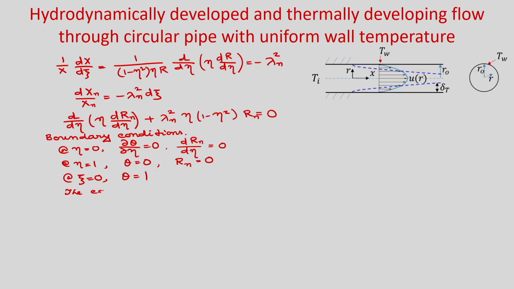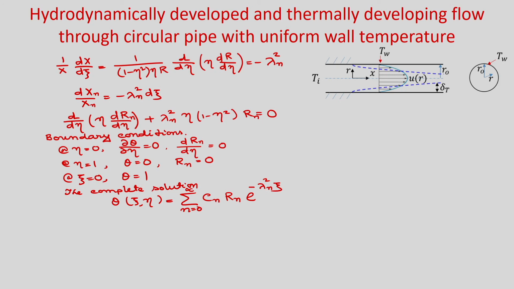So, we will write the final complete solution theta as the summation of n is equal to 0 to infinity of some constant C n, which we need to find using the orthogonality condition, R n and X n, so X n e to the power minus lambda n square.